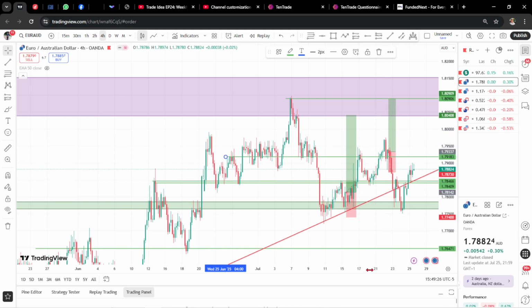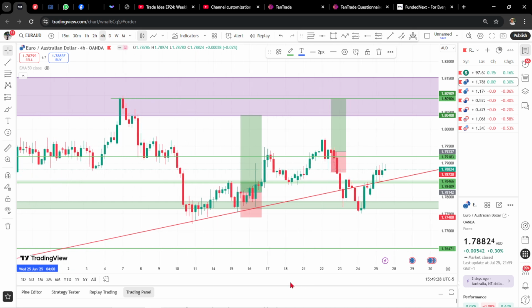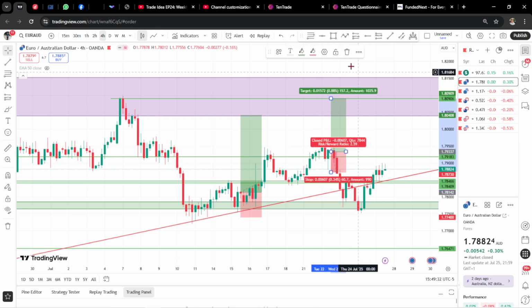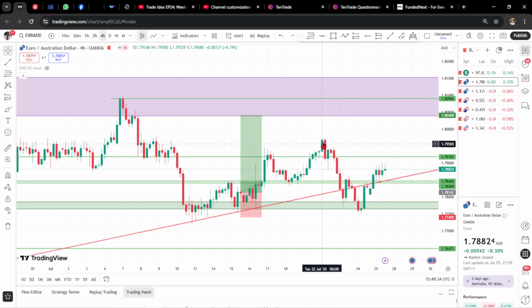And this is where I entered my second trade. The market broke above and came back to this level and closed with this green candle, something like a hammer candle, here. So this is where I entered my trade.